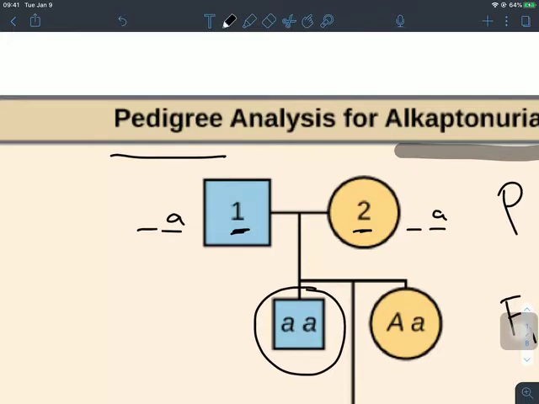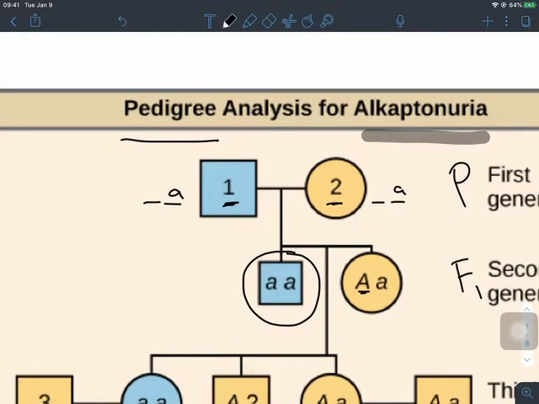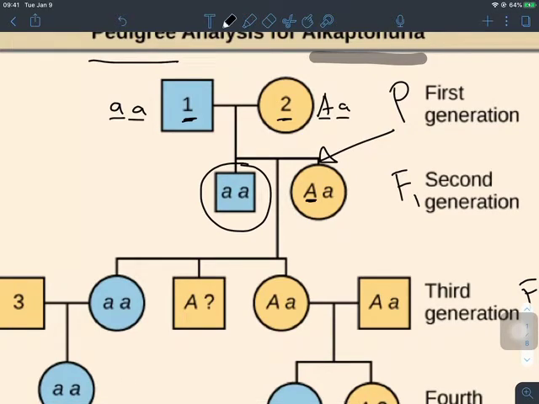So, the father with the square was affected, and a child with 1 capital letter, even though this is not their child, but an individual with a capital letter is unaffected. So we're likely looking at a mother that's heterozygous and a father that's homozygous recessive for alkaptonuria. When these 2 individuals mate, they produce 3 children. 1, 2, and 3.